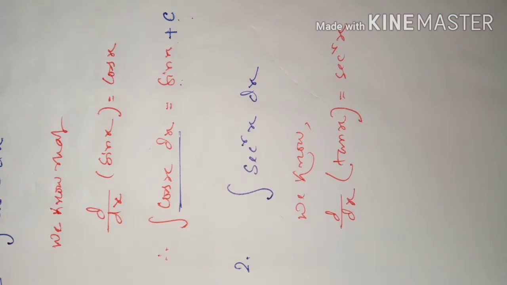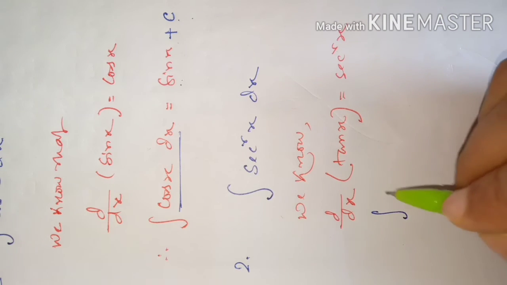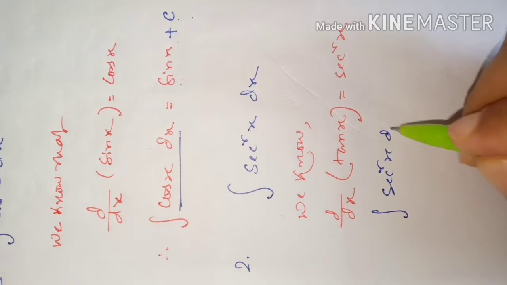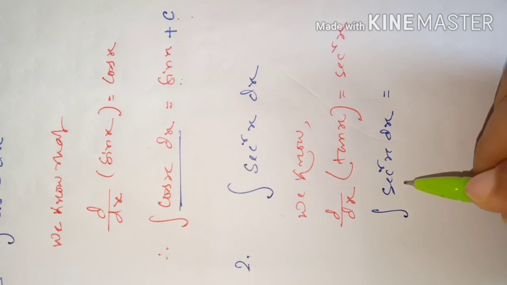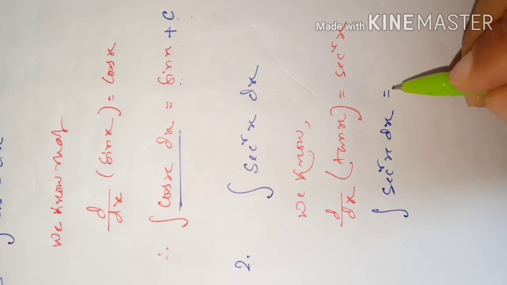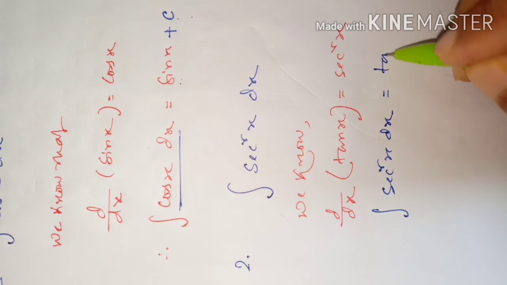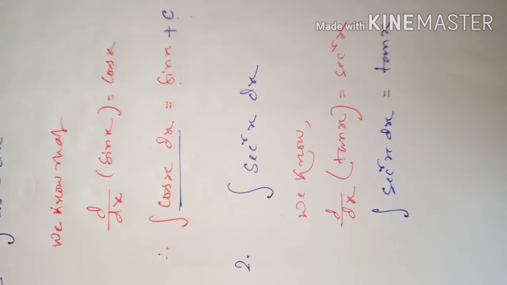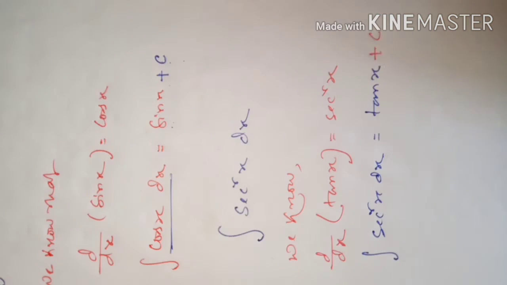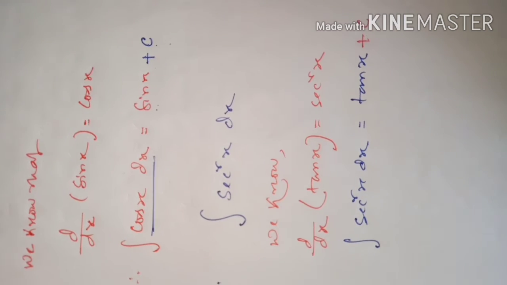Then antiderivative will be what? Antiderivative of sec square x dx, means sec square x with respect to x, is equal to tan x plus a constant. You have to write a constant. Got the idea? So like that.